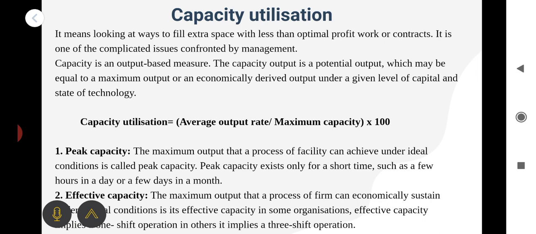Effective capacity means the maximum output that a process or a firm can economically sustain. Effective capacity applies to one shift operation in some organizations, and to a three shift operation in others.